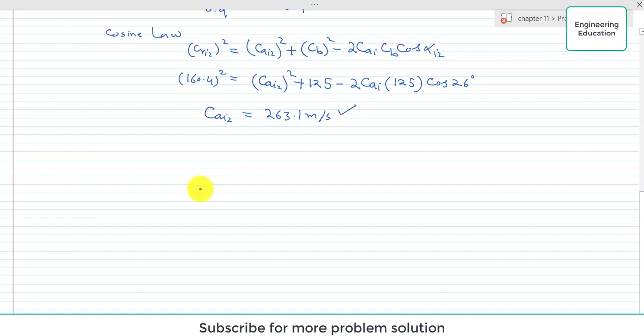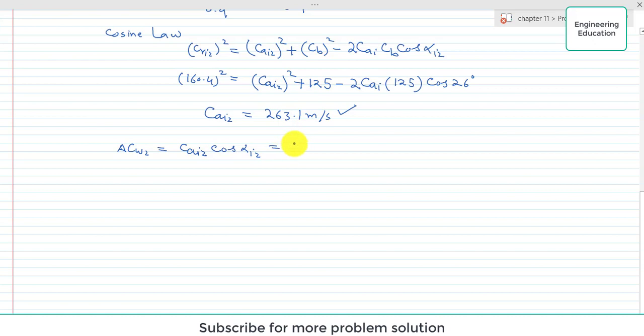Now further we are going to find delta CW2. So it is equal to CAI2 cos of alpha I2 from the velocity triangle.